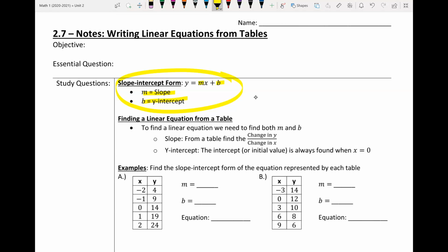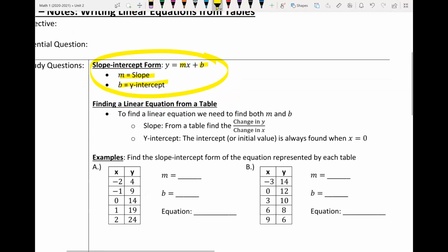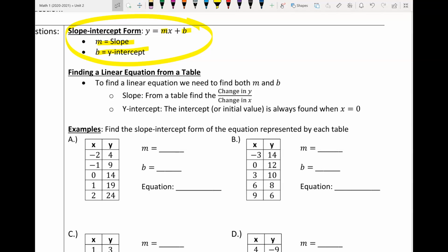Now we're going to be given a table and we're going to need to determine what the equation is from that table. So let's look at our steps or guidelines here. To find a linear equation we need to find both m and b, just like we did yesterday. First, finding our slope, we're going to find it from the table using our change in y over the change in x.